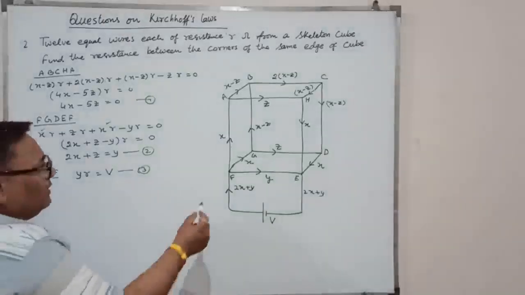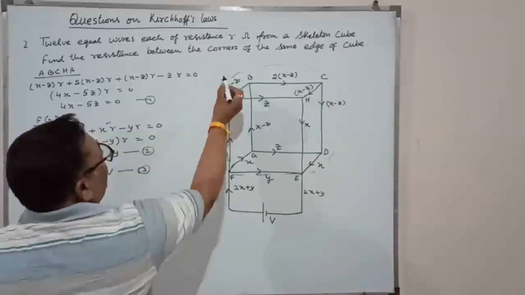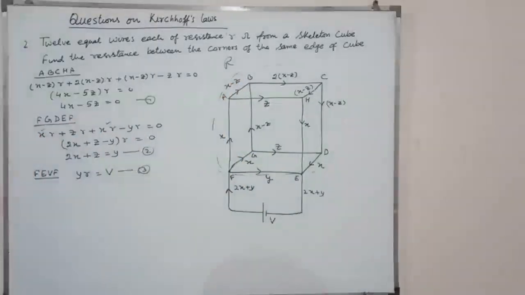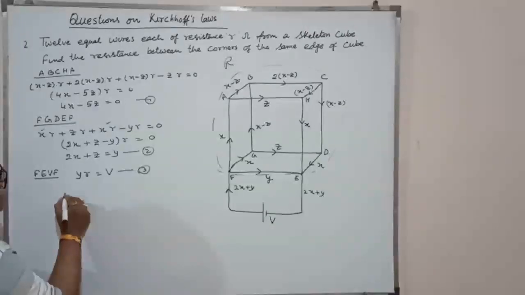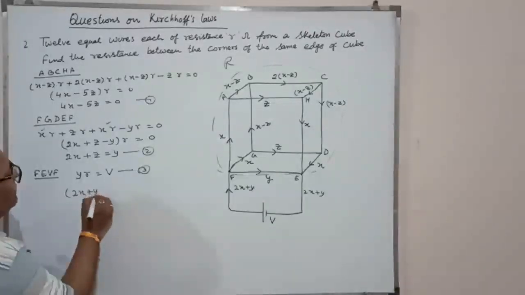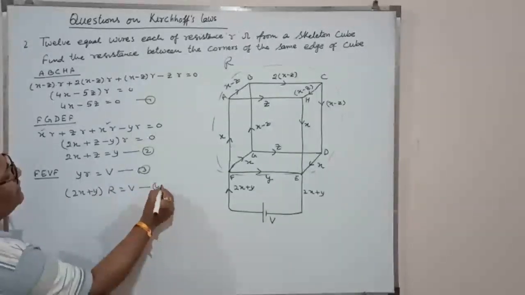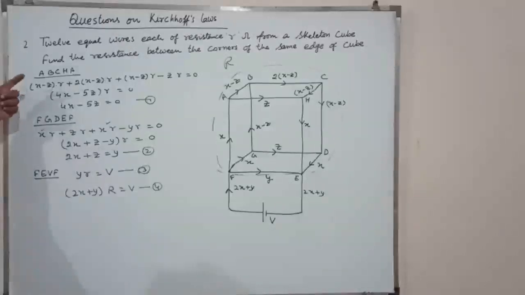And fourth equation, let capital R be the resistance of this whole network. Then 2x plus y into R is equal to V. This is the fourth equation. Now we have to solve these four equations.